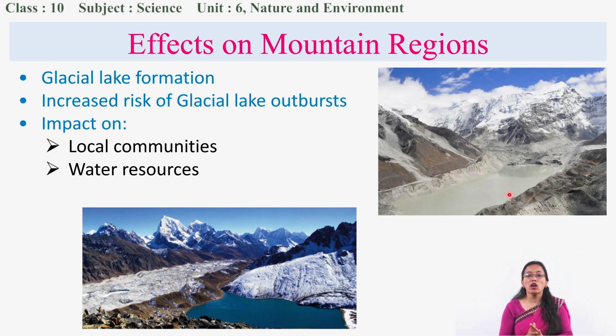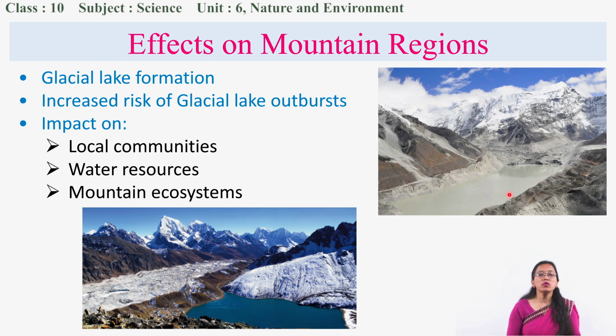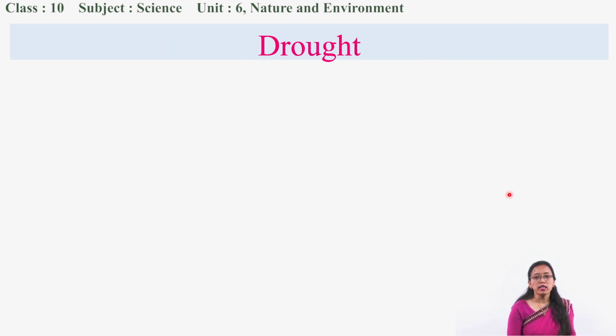The impact is seen in the water resources also. If there is a glacier lake outburst, the water resources which people use for drinking in their localities will also be flooded. So they will not get drinking water, which is also a problem. The mountain ecosystem will be affected because of this glacier lake outburst. These are some of the effects seen in the mountain region.